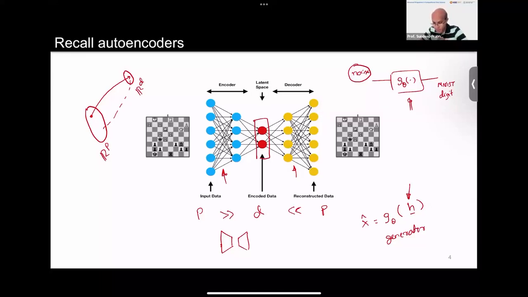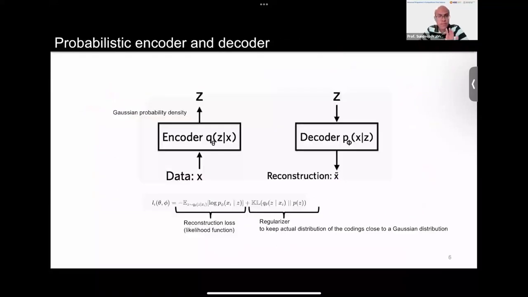Okay, so that brings us to what is known as the probabilistic encoder and decoder. The idea is very simple. Well, there is something that we need to take care of in the process, which I will explain. But the idea is the following. I have my data point.